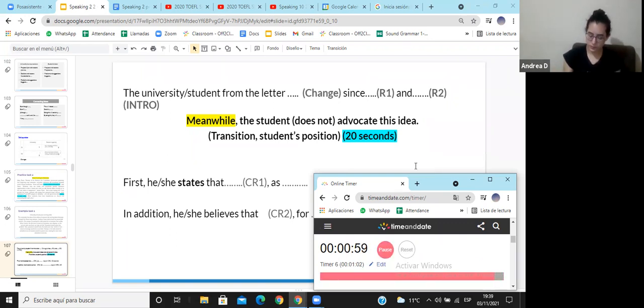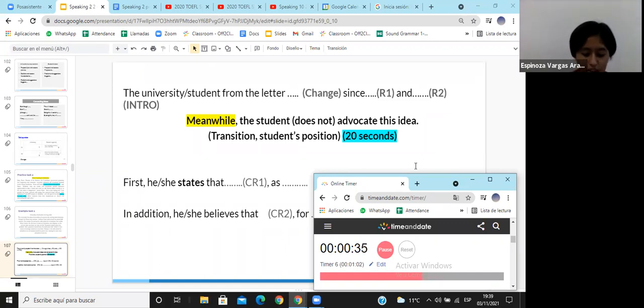Okay. So the university proposal is to play music in the cafeteria in order to create a relaxing atmosphere and that the students can socialize more. Meanwhile, the student doesn't advocate this idea.